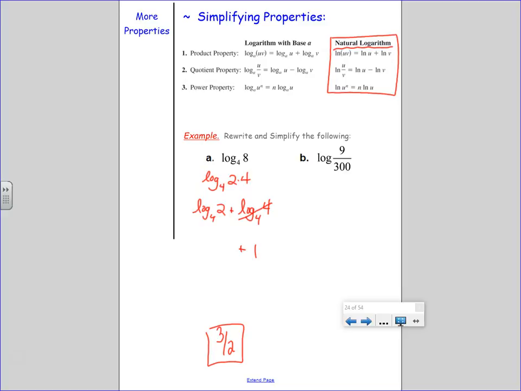Guys, what do I do with log base 4 of 2? Can I rewrite 2 somehow in terms of the power of 4? Square it. Not square it. Multiply it by itself.